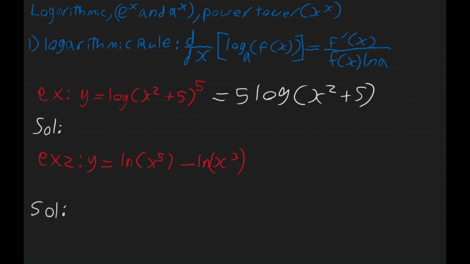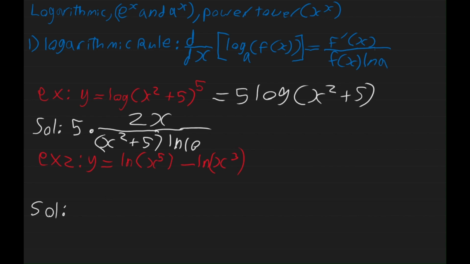Now to differentiate this, you say 5 multiplied by the derivative of the log, which is the function inside the log multiplied by ln the base. Here I didn't write the base, so that means the base is 10. So ln 10, x power 2 plus 5, the derivative is 2x, and the derivative of 5 is just 0. Don't have to write it.